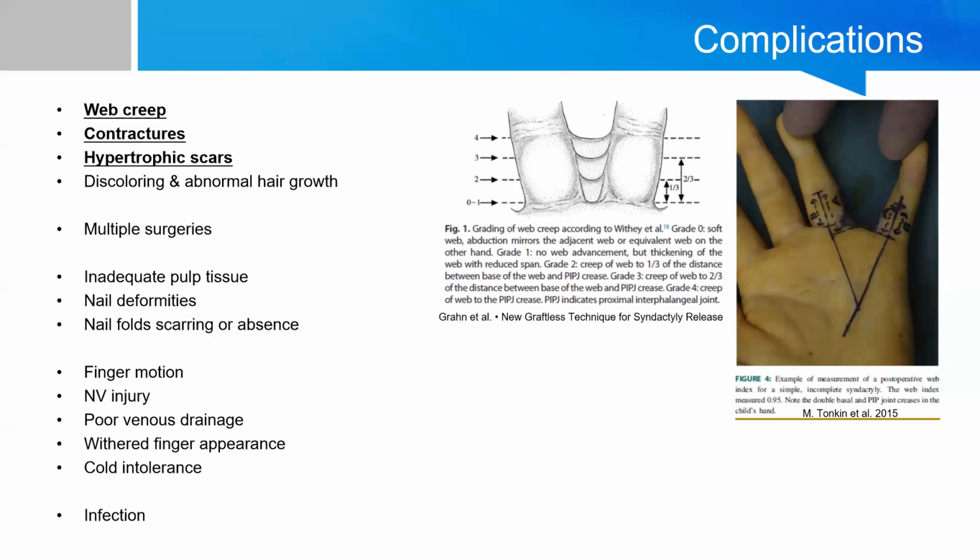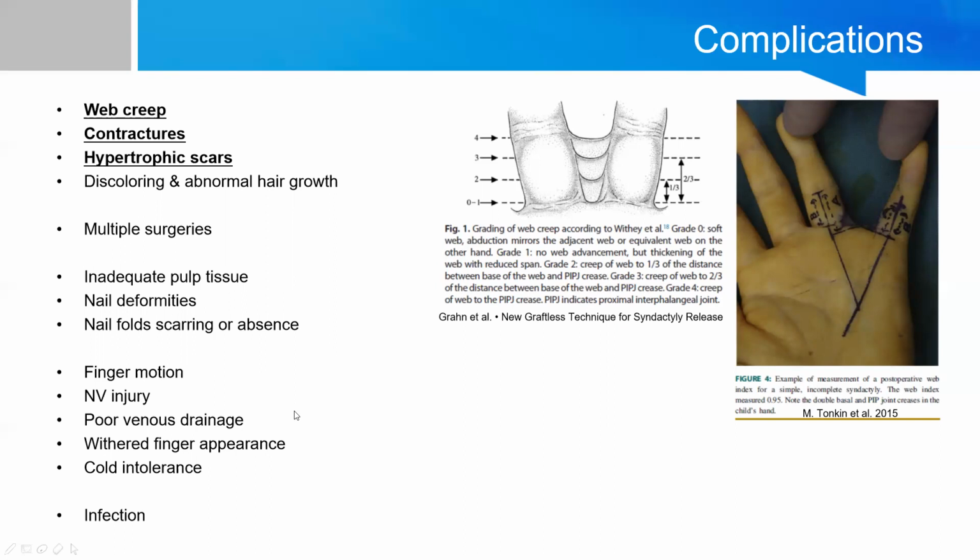The other complication is the need of multiple surgeries, whether to do it in a staged procedure or to treat complications in the future. And it has been reported in some research to reach up to 60% incidence of repeating the surgery for complications. In distal syndactyly, we have the issues related to the pulp and nail fold deformities, scarring, or absence.